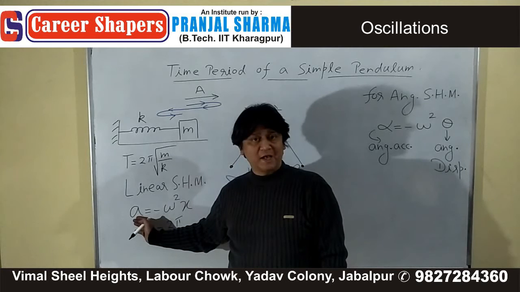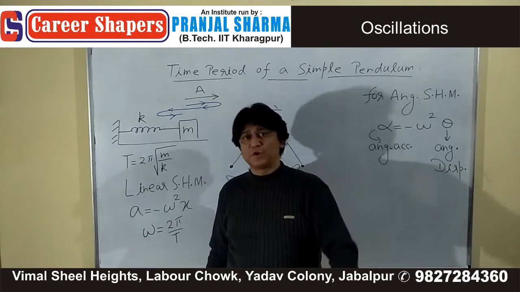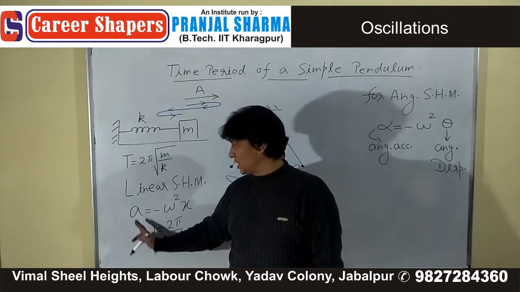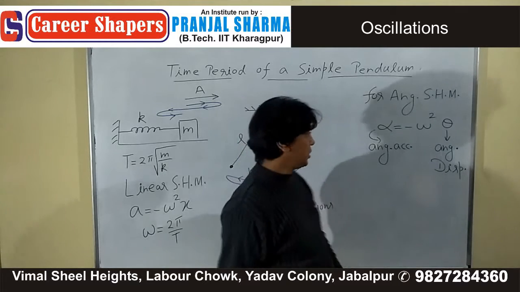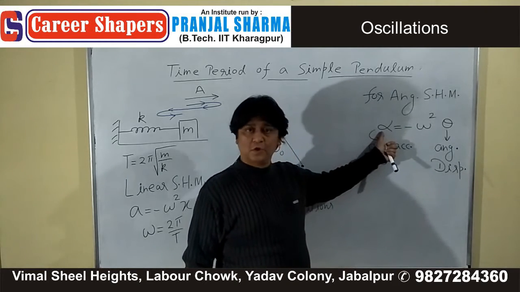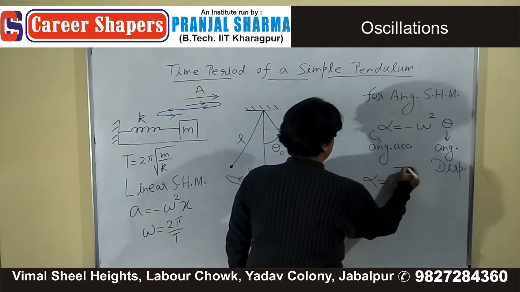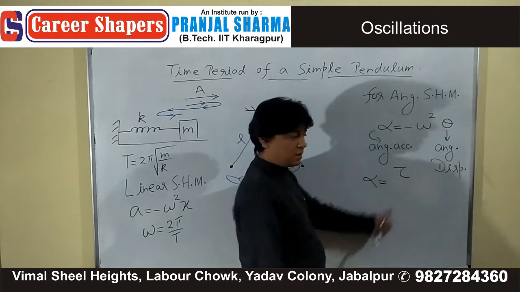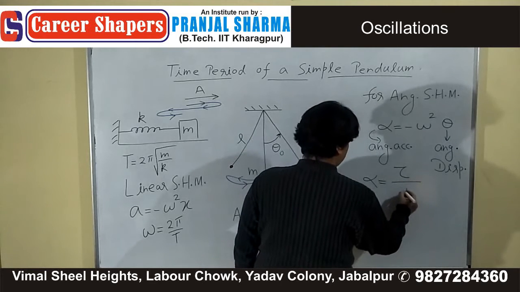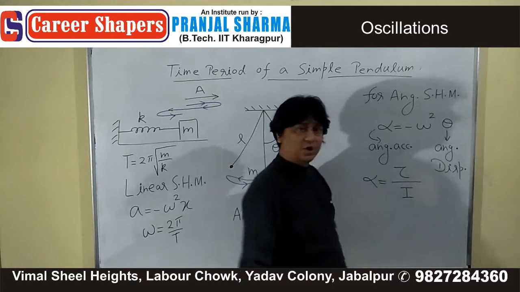And how do you find acceleration? With the help of force. When you divide force by mass, you get acceleration. So how do you get alpha? For alpha, we write torque, and then we divide torque by moment of inertia.